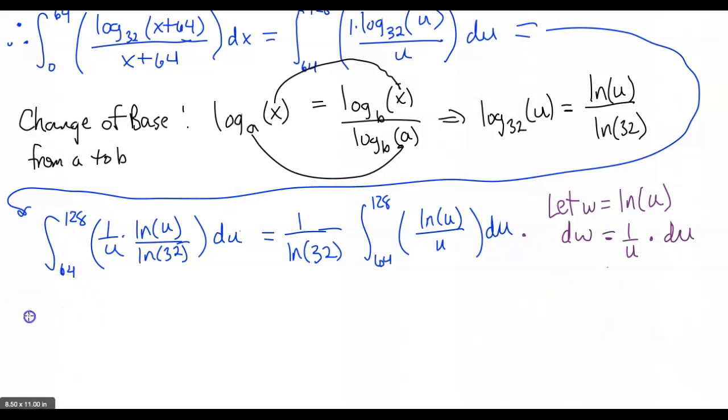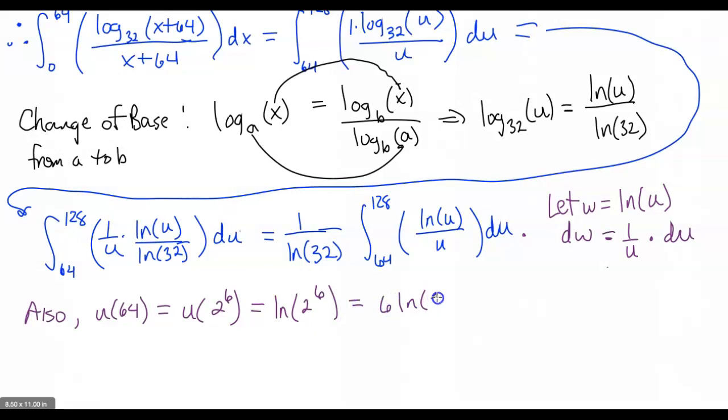All right, so we'll say here also U of 64. And remember here that 64 is the same thing as 2 raised to the 6. Okay, so 2 multiplied by itself 6 times gives us 64. So here we could rewrite this as natural log of 2 raised to the 6, which can be rewritten as 6 times natural log of 2.